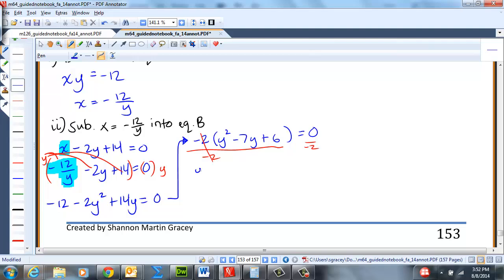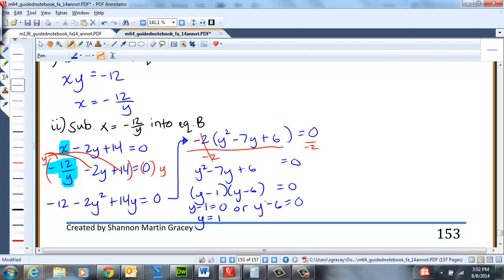So we get y squared minus 7y plus 6 equals 0. Factoring, we get y minus 1 times y minus 6 is 0. So y minus 1 is 0, or y minus 6 is 0. That would give us y is 1 or y is 6. So we got two solutions for y.